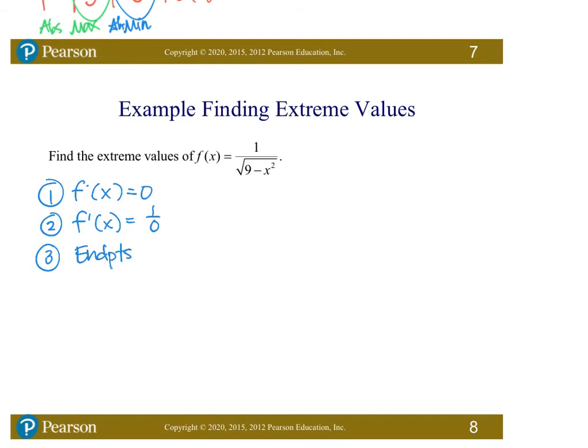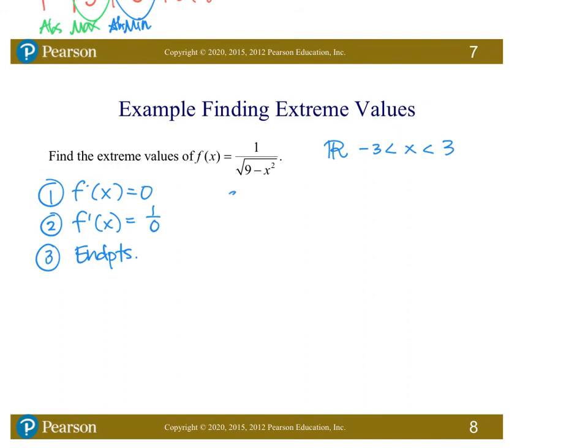Now, one thing about endpoints, so I want to look back at the domain of this problem, and because it's got a square root in the denominator, and because it's the quantity 9 minus x squared, we can't have 0, and we cannot be negative. So my domain is limited between 3 and -3.